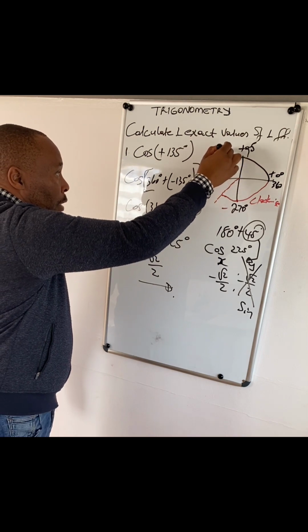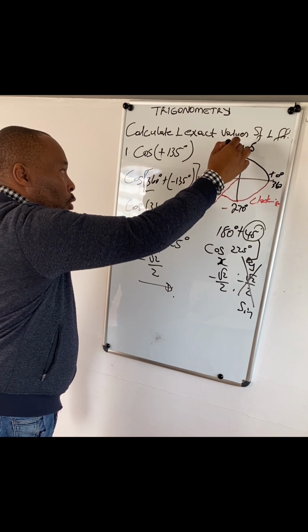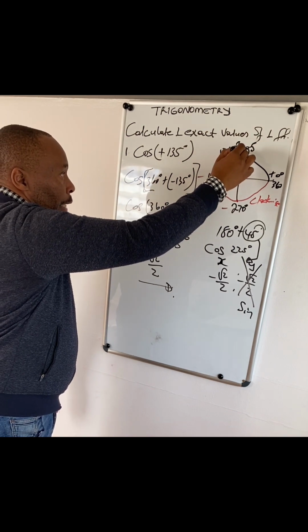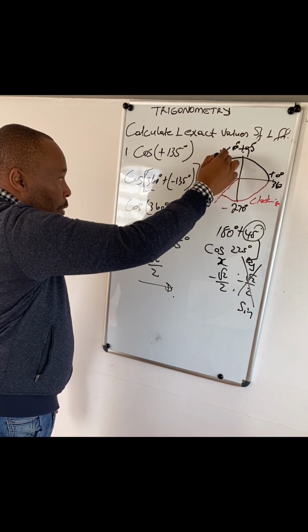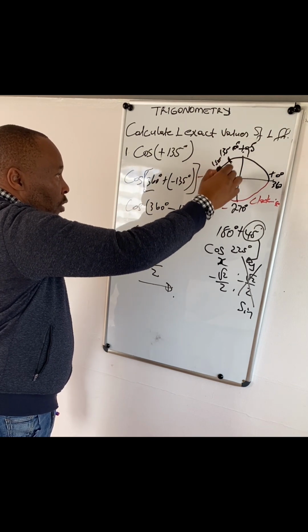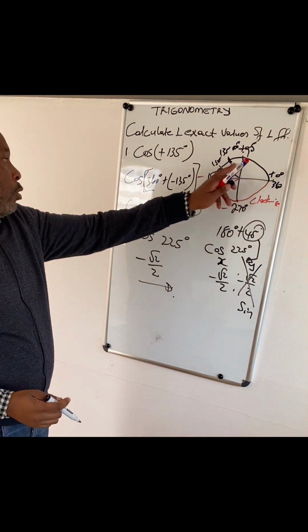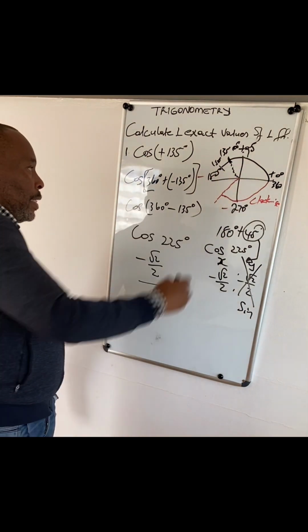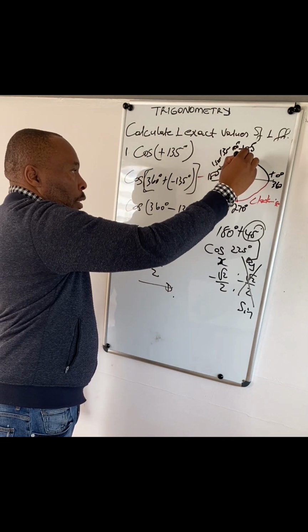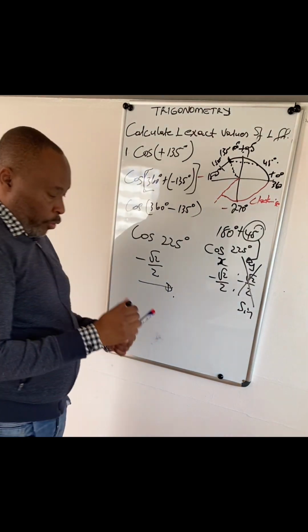We would have made our 135 here, maybe a little lower, because 120 is somewhere here and 90 is here, so 135, 150 somewhere here. 150 would have been here, but we are dealing with 135, so we would have dealt with 135 from this side, and 135 would be the equivalent of 45 degrees this side.